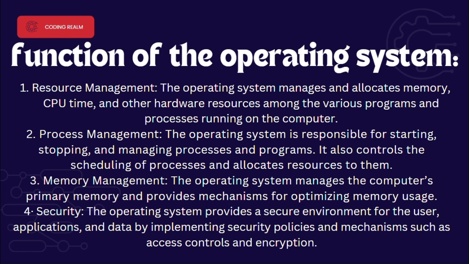Three, memory management. The operating system manages the computer's primary memory and provides mechanisms for optimizing memory usage. Four, security. The operating system provides a secure environment for the user, applications, and data by implementing security policies and mechanisms such as access controls and encryption.